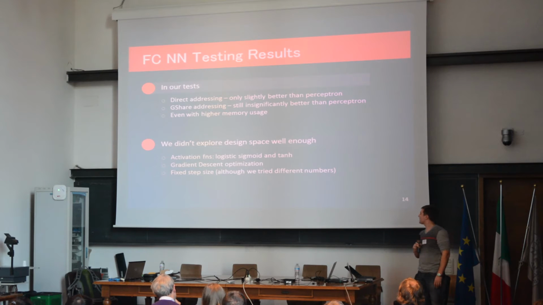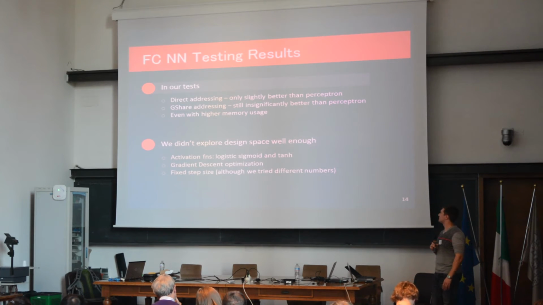And as I already said, we didn't explore the design space completely because there are several activation functions and several optimization methods. We only used gradient descent, and we didn't use any complicated algorithm to adjust the step size for the optimization algorithm. We just used this single number, but we did vary it, but nothing fancy like decreasing it after some iterations or anything like that.